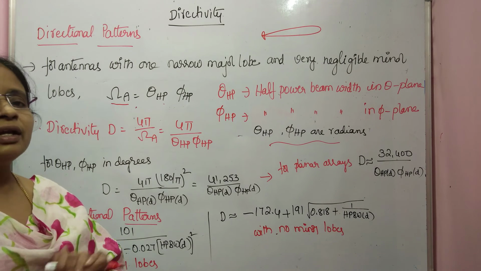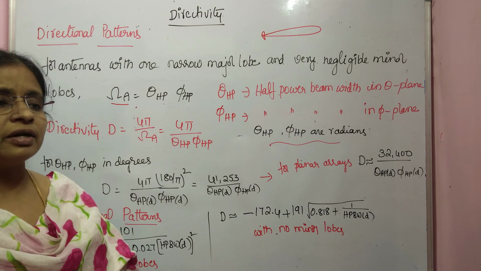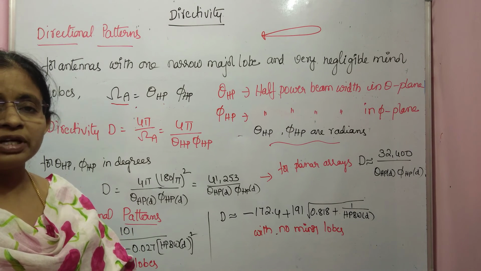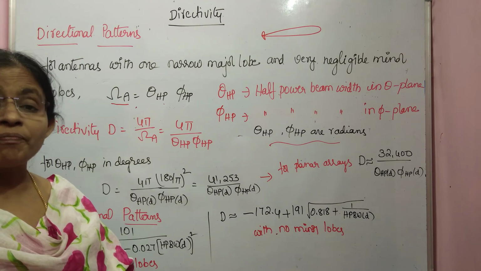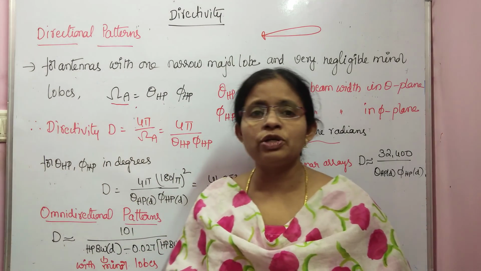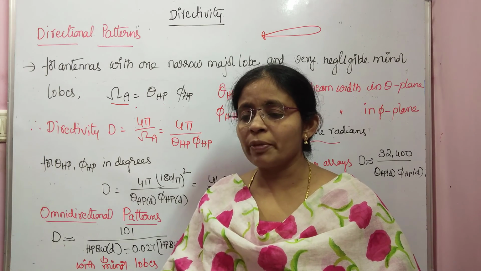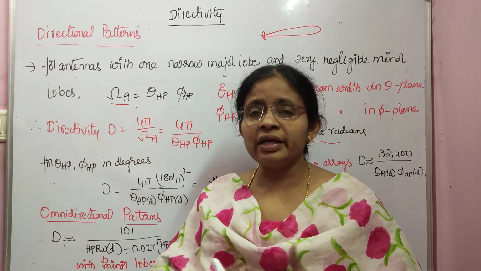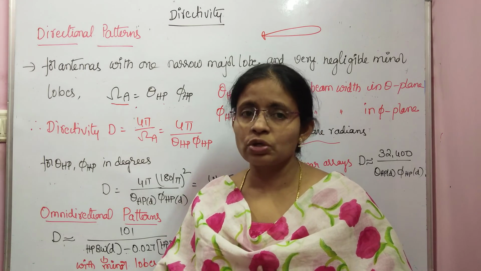Then we define the partial directivities D theta and D phi, and total directivity D is equal to D theta plus D phi. Then the directivity in terms of beam solid angle is D equal to 4 pi by omega A, and the beam solid angle is nothing but the integration of the normalized radiation intensity over the total solid angle.